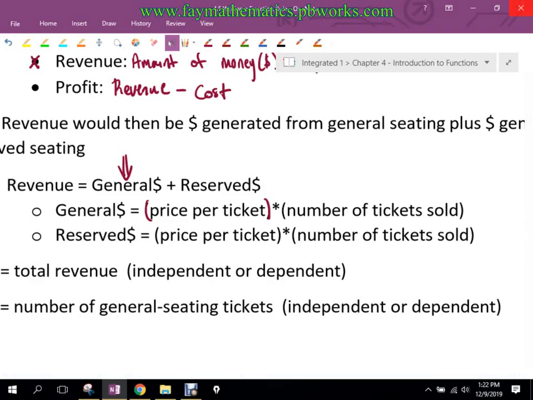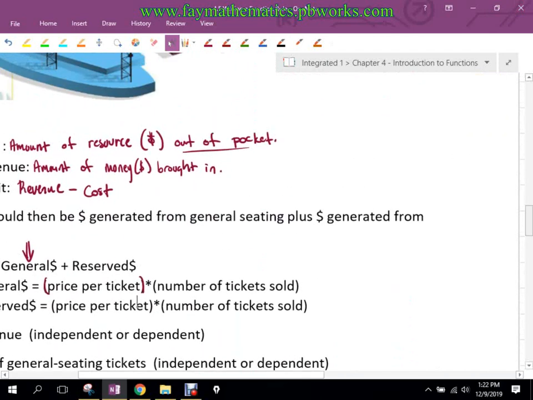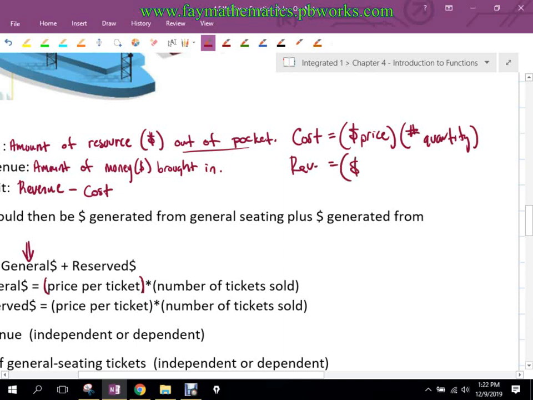So it might make sense up here, guys, to write when you're doing a cost question: cost numerically is found by taking the price times the quantity. Same thing for revenue. It's the price of my tickets times the number of tickets that you sell.